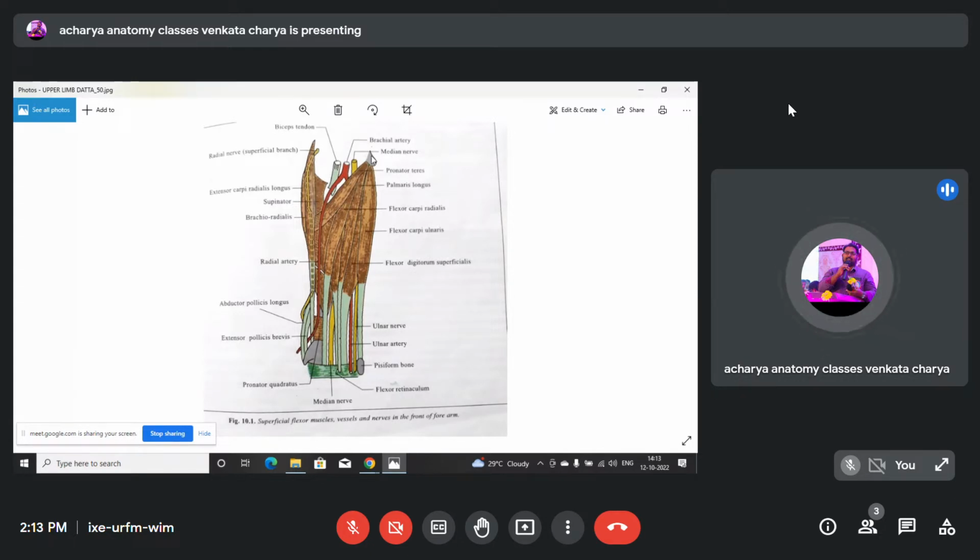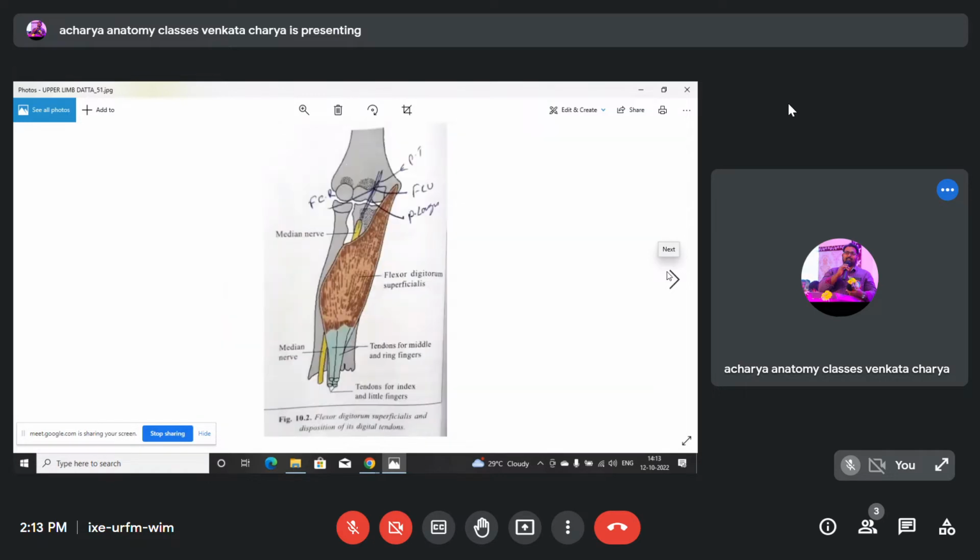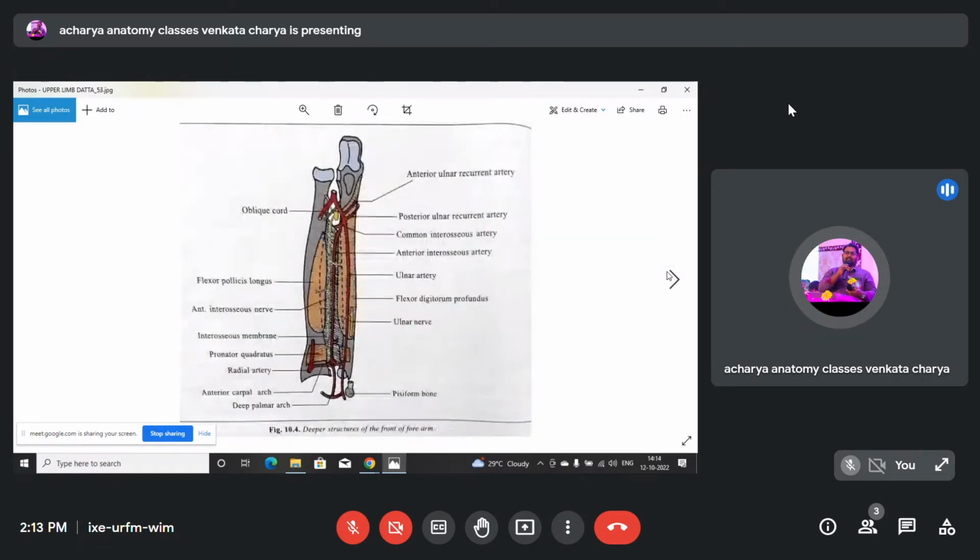It runs downwards towards the lateral side of the forearm, near the wrist joint.